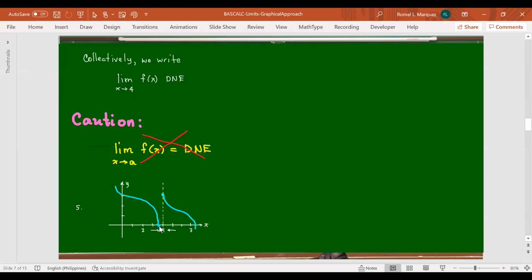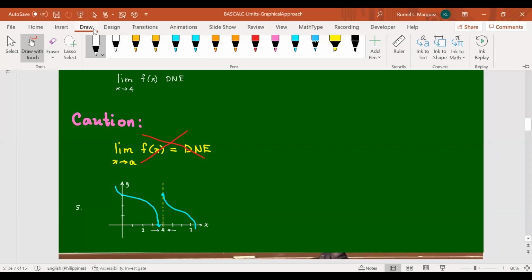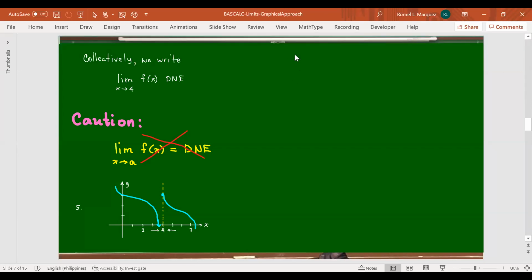But coming from the left, it keeps on going down, no? So how do we write that behavior? We can go directly, since you know already what it means. So for x that is less than 4, but of course close to 4, how do we write the limit, guys? The limit of f of x as x approaches 4 from the left is equal to negative infinity po. I'm not going to write DNE anymore, ha? It means, of course, still the limit does not exist.